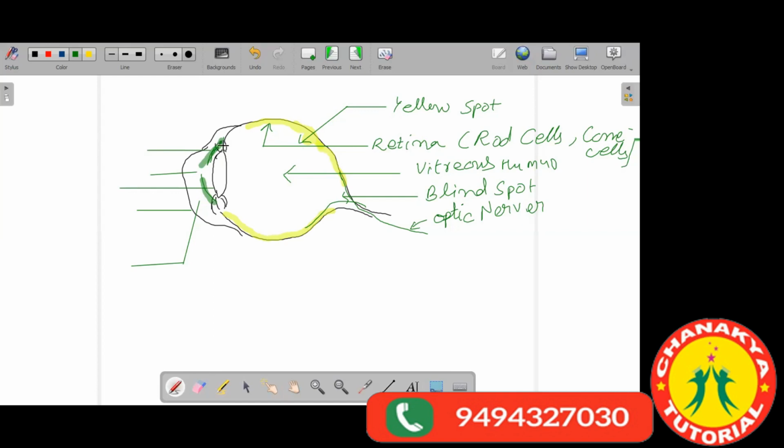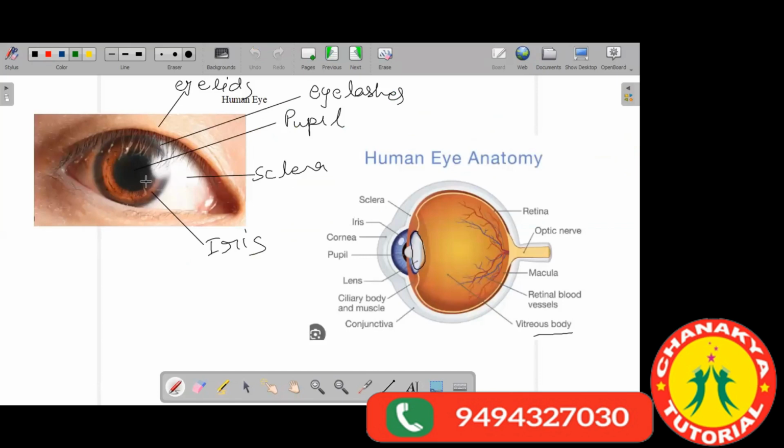See, this portion is your iris. In the previous diagram, you observe the colored portion. This colored portion is the iris, the red colored portion which you see everywhere. It is a diaphragm. If the diaphragm stretches, it will make the pupil small.